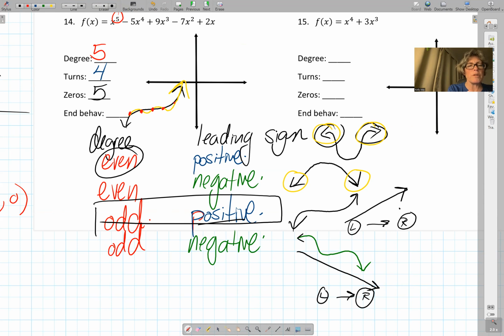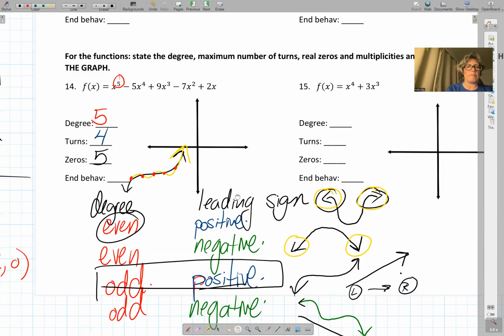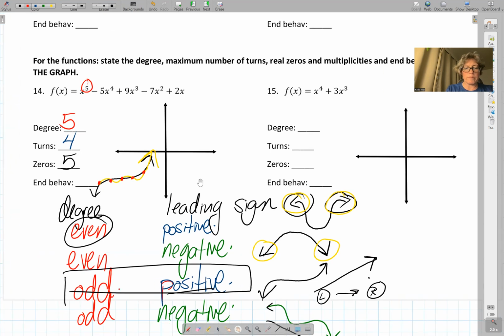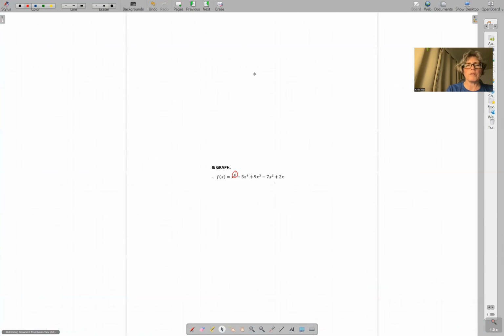There's going to be a 5th zero there. 4 turns, 5 zeros. So now to find the zeros. Grab that, we're going to add that to a new page.